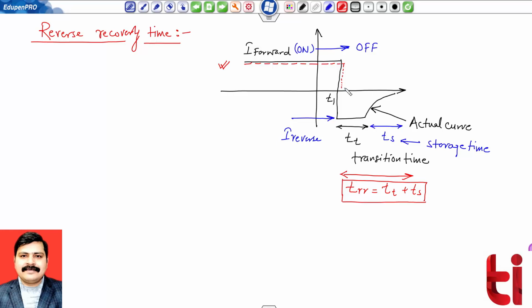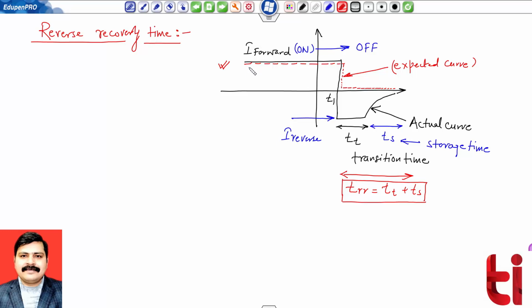So I must have this type of curve. This is my expected curve, or I can say my ideal curve. At transition T1, diode was on, so as there is a transition, after this it will be off.